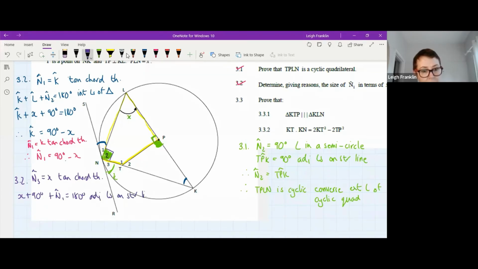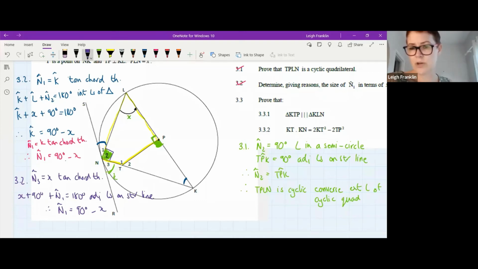I think this is going to be quicker. And therefore, angle N1, which is what they asked us for, take the 90 and the x over, would be 90 minus x. That was much faster, wasn't it? So two ways that we could have done that. The second way was a little bit faster, which is really nice, but the first way, nothing wrong with that either. Everybody happy? Yes, ma'am. Okay, thank you.